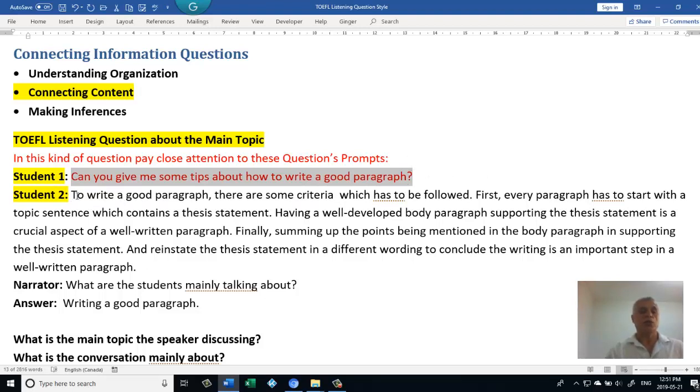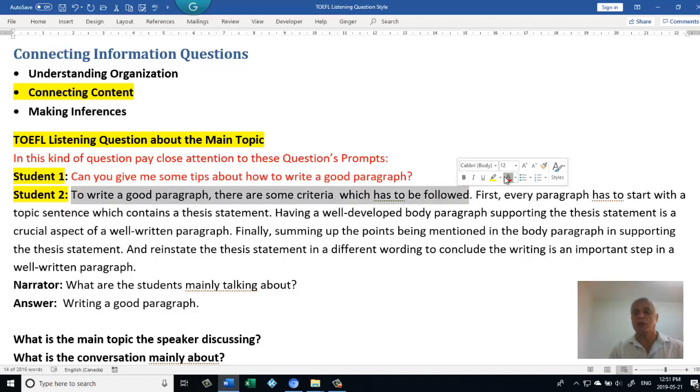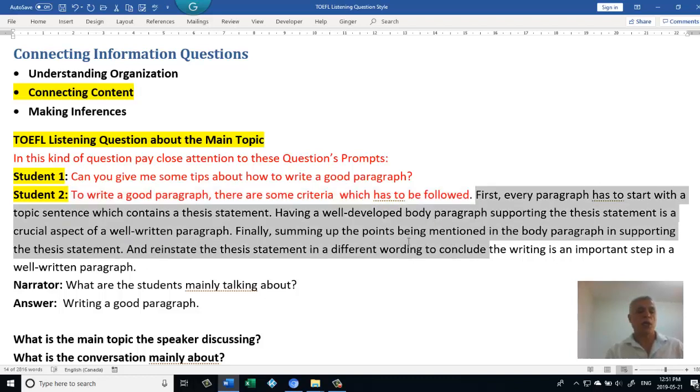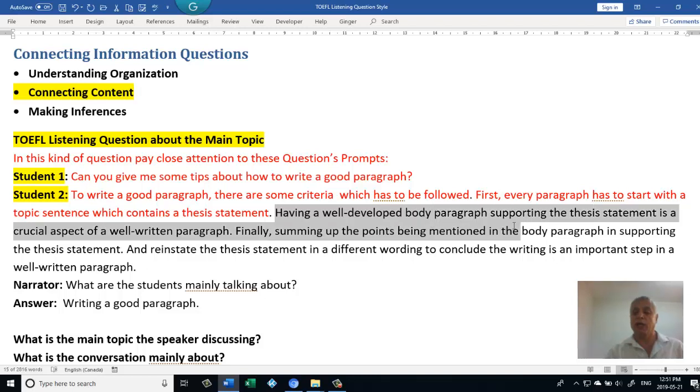Student 2: To write a good paragraph, there are some criteria which have to be followed. First, every paragraph has to start with a topic sentence which contains a thesis statement. This is important to know. Then having a well-developed body paragraph supporting the thesis statement is a crucial aspect of a well-written paragraph.